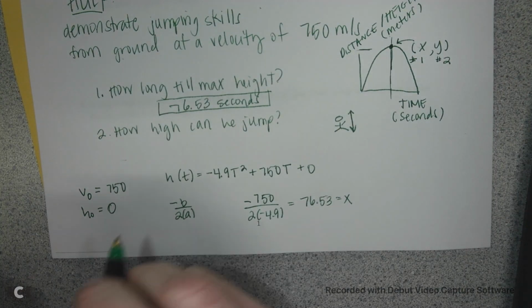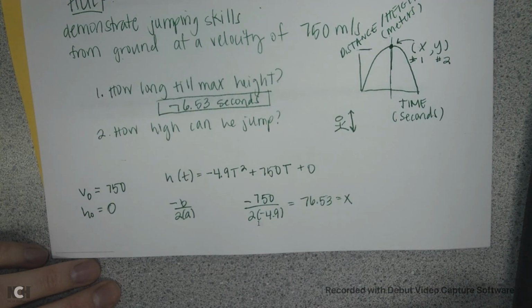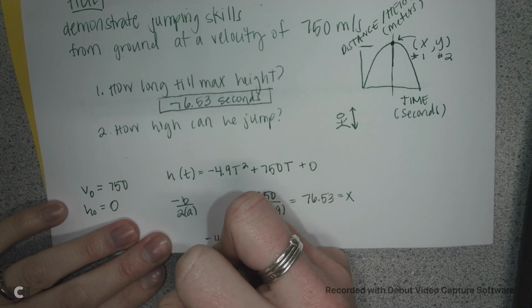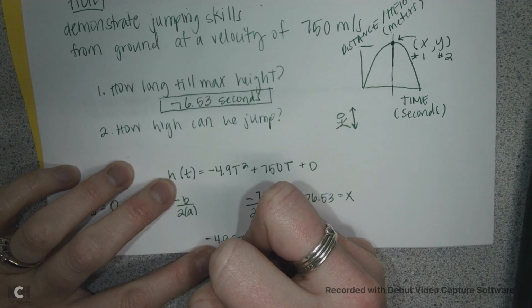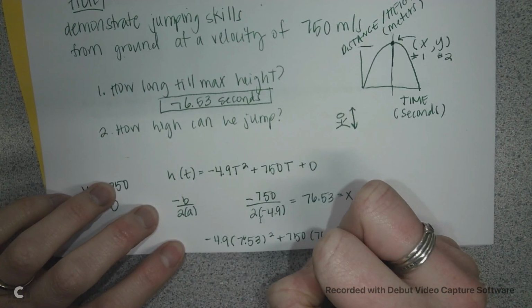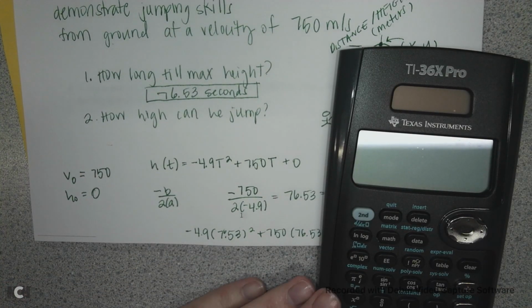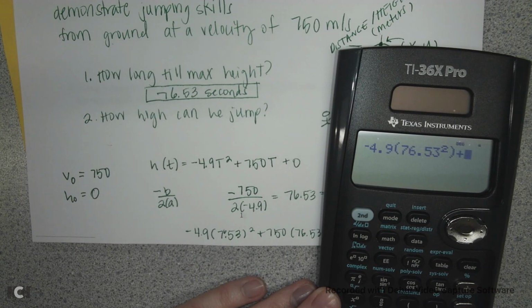And then to figure out how high he can jump, we are going to plug this value into our t, because that's the time. T stands for time. So we have negative 4.9 times 76.53 squared, plus 750 times 76.53.